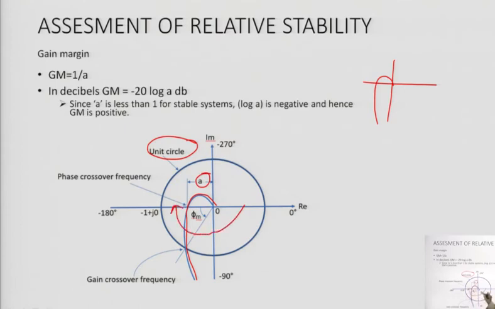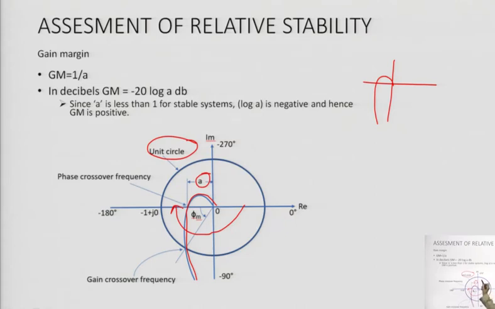So the phase angle is minus 180 degrees and the magnitude of G(jω)H(jω) at that point is A.